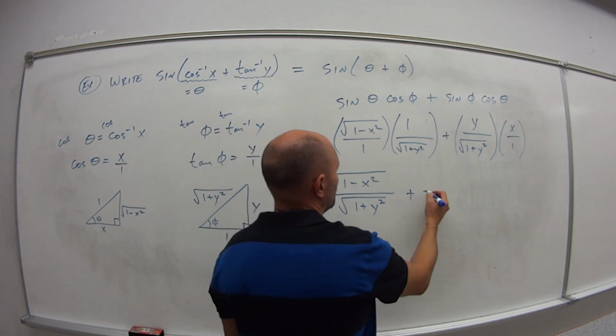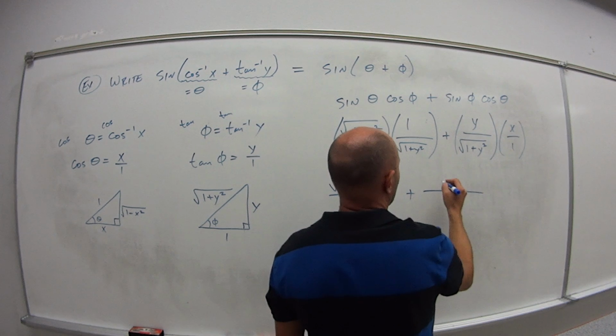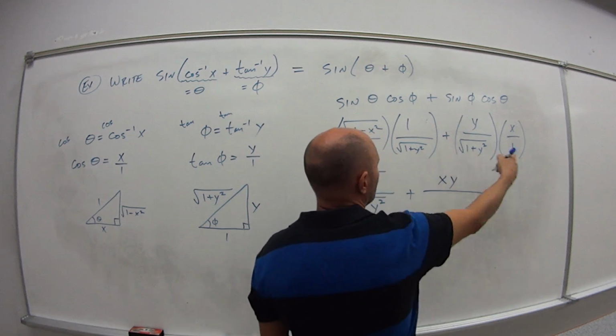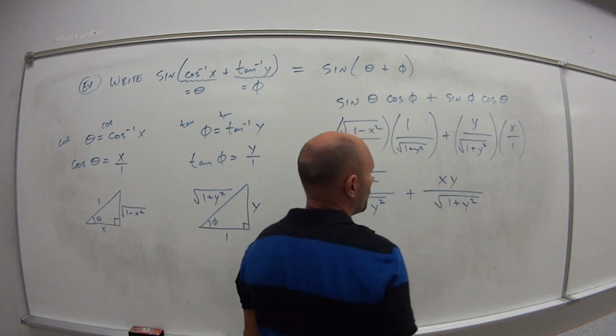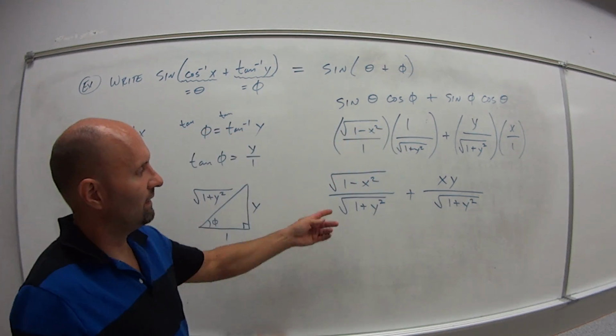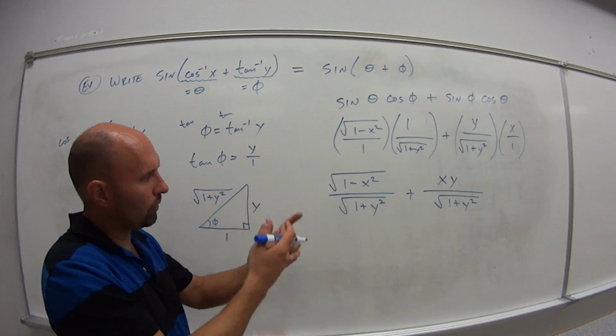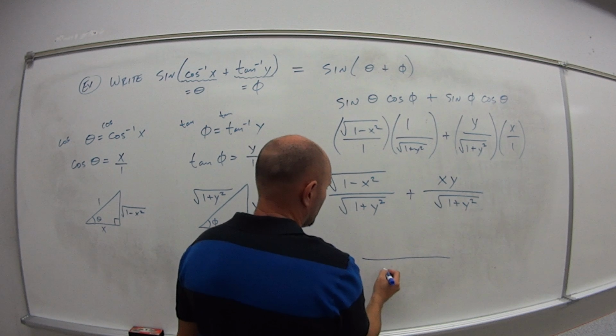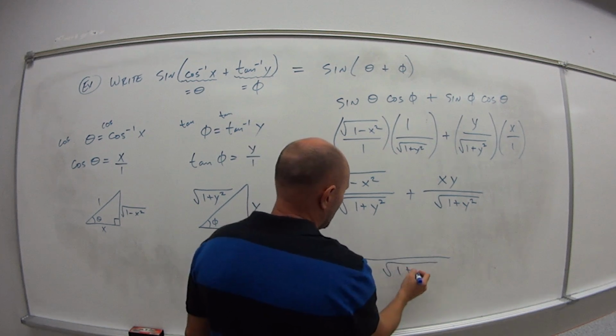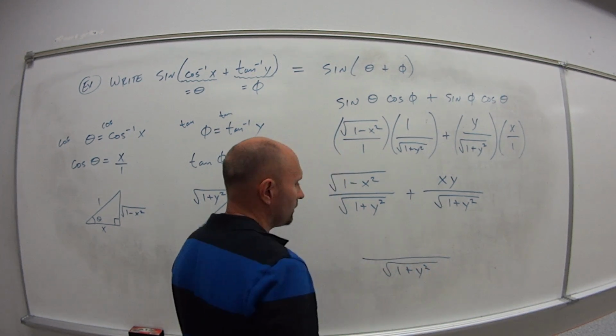And then I'm going to add to it, in the numerator, x times y, and in the denominator, square root of 1 plus y squared. In this case, they have the same denominator, so I'll go one more step and combine them. Because they have the same denominator, I'm going to end up with square root of 1 plus y squared.